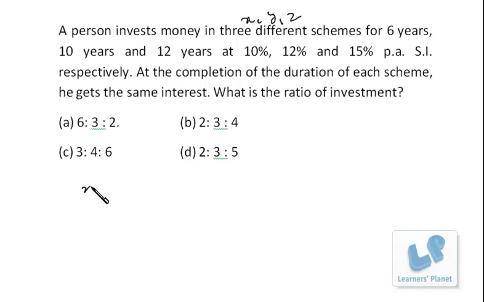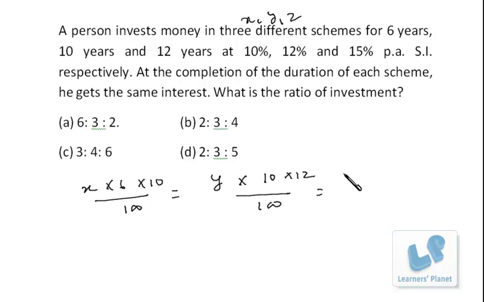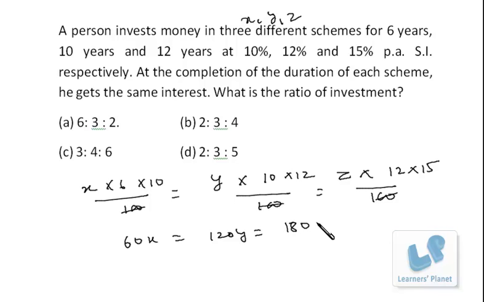Now X rupees for 6 years at 10%, the simple interest will be this. Okay, that is same as Y rupees for 10 years at 12%. Okay, and that is same as Z rupees for 12 years at 15%. Now we have to find out the ratio of X, Y, Z. Okay, so it's 60x is equal to 120y is equal to 180z.